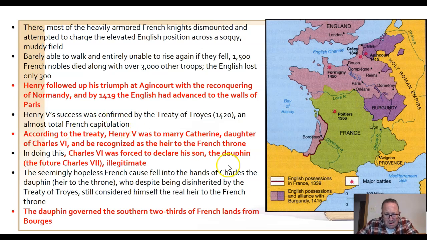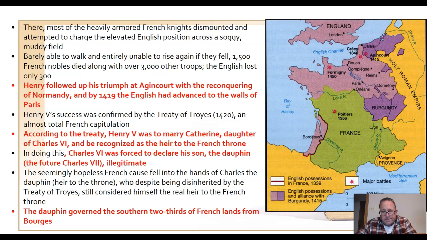And this word here, it looks like dolphin. It's actually Dauphin. And what does that mean? That just means he's the heir to the throne. That's just a French term for heir to the throne. But anyway, what that means is this guy, Charles VII, has got to be disinherited. Got that?